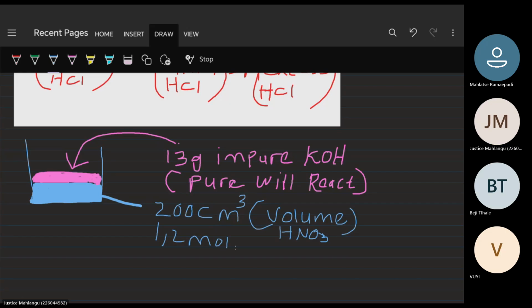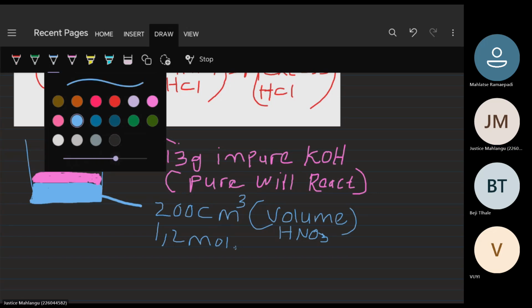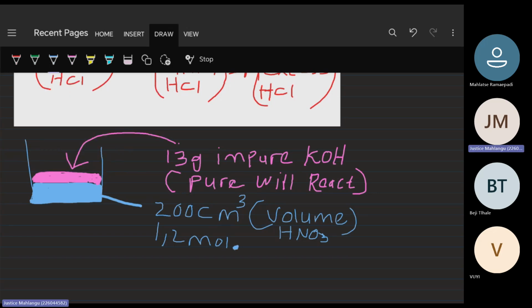That is the concentration. This is the concentration of HNO3 there.